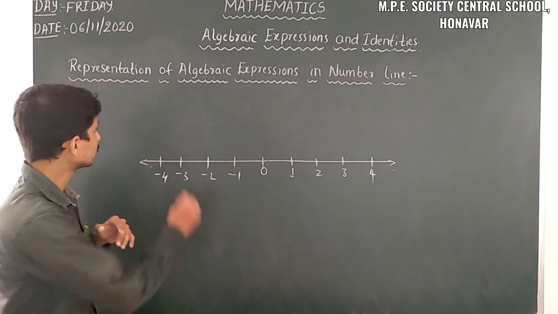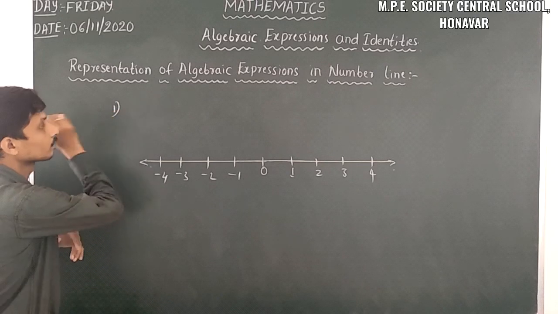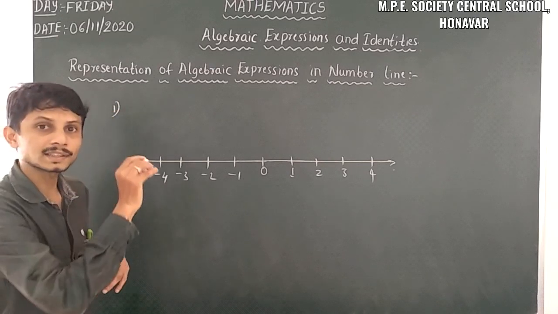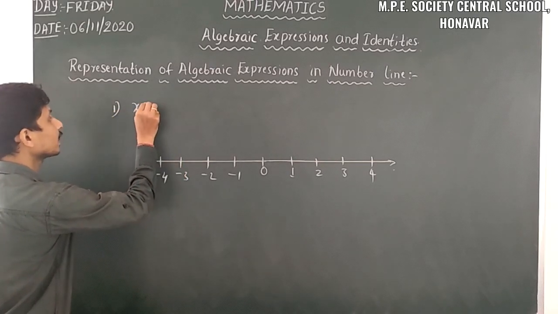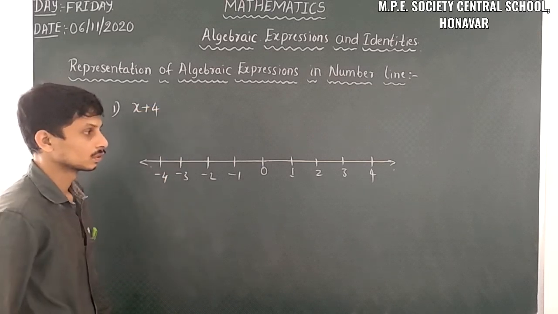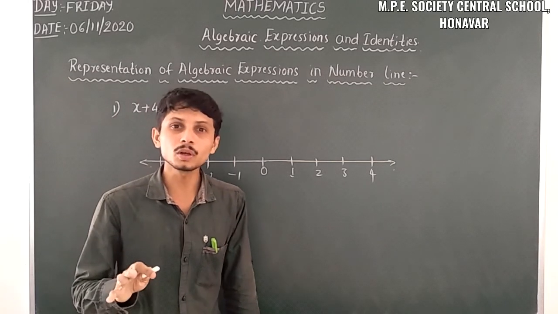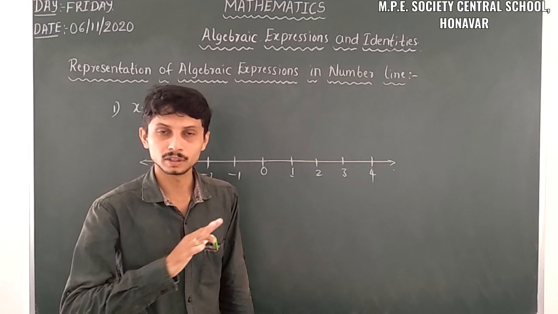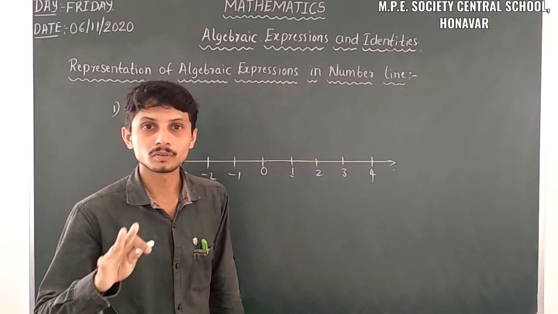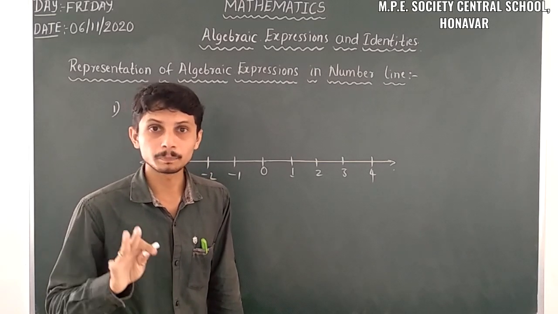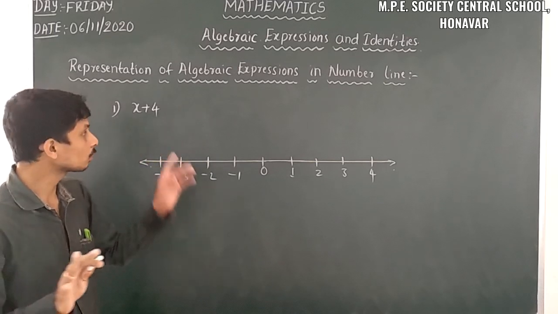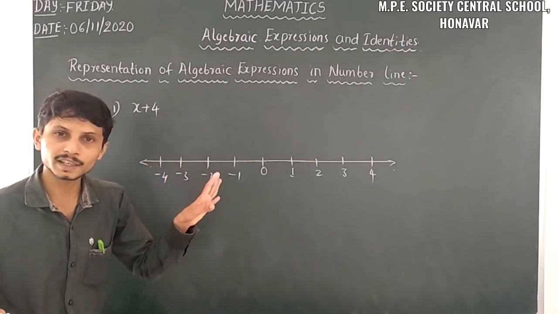Firstly I will take x plus 4. That means here we don't know about x. We don't know what the value of x is here. But it is confirmed that only one x is there.